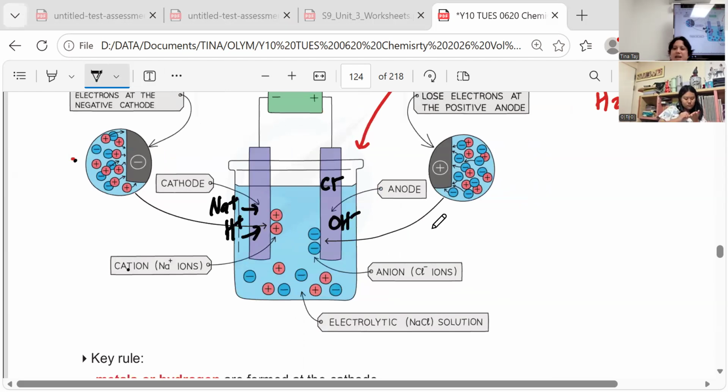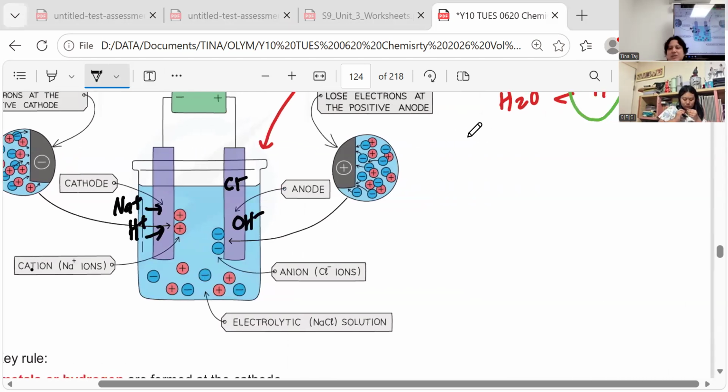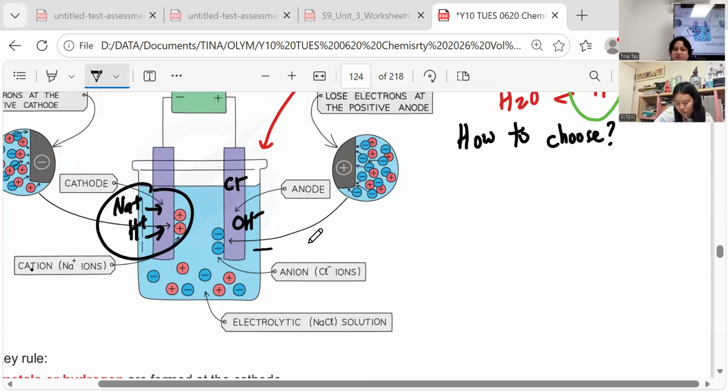Okay. So this part, I want you to write this down. How to choose. Let's do cation first.